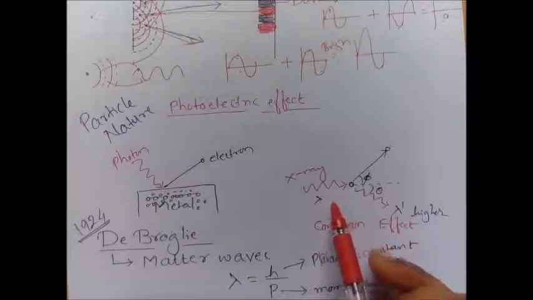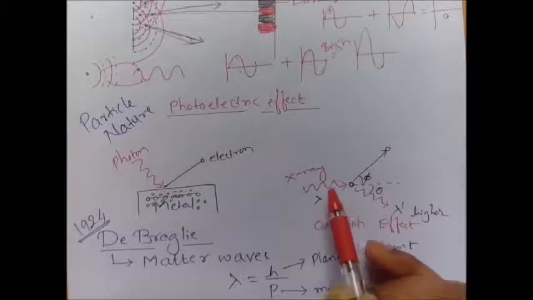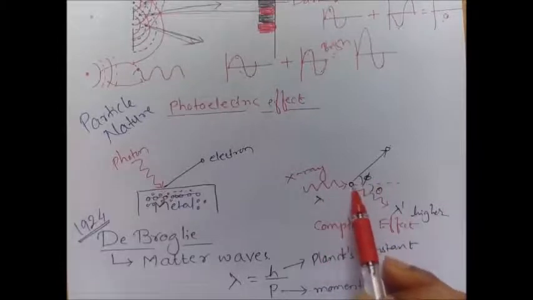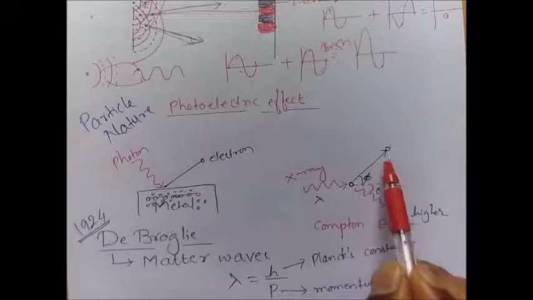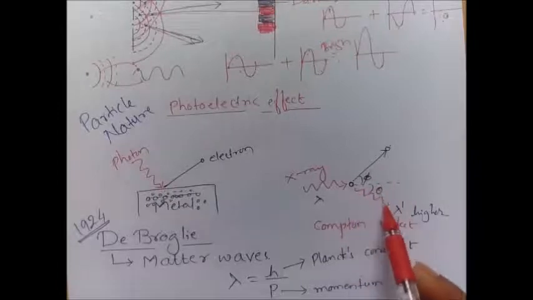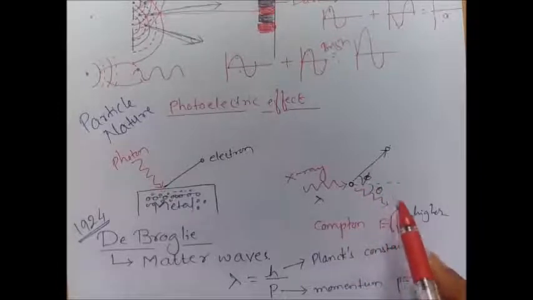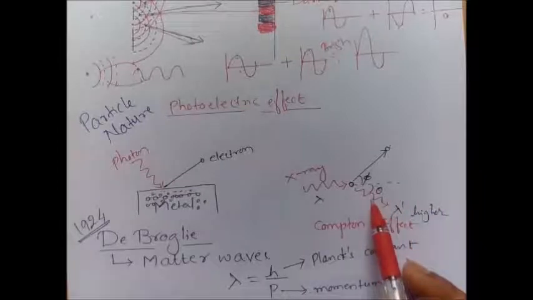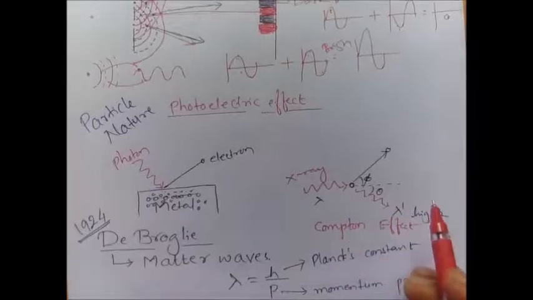That means light has got particle nature, so we consider here the photons. When the photon hits this, this is scattered this side with an angle phi, and this photon is scattered this side with the angle theta. This has the higher wavelength, and this has the smaller wavelength.